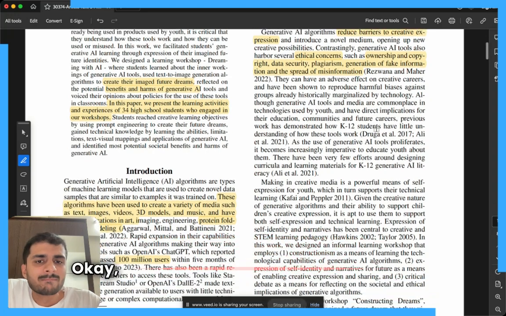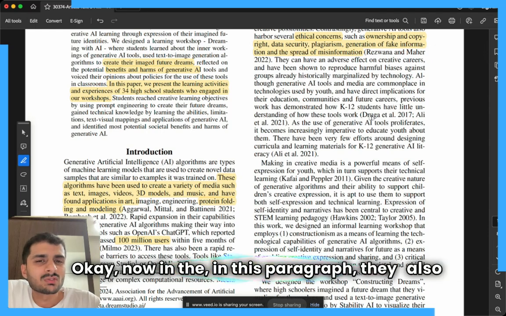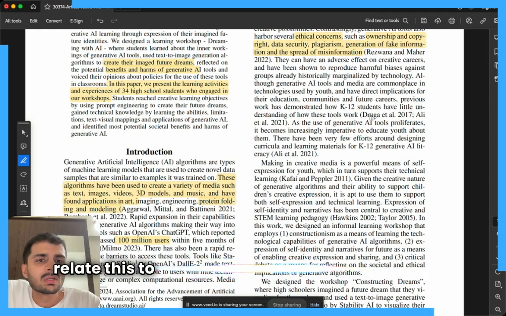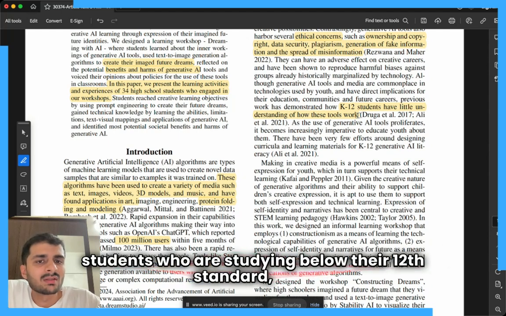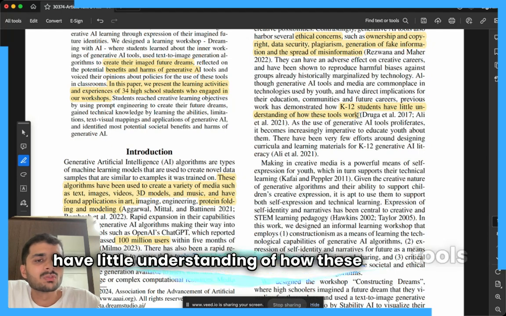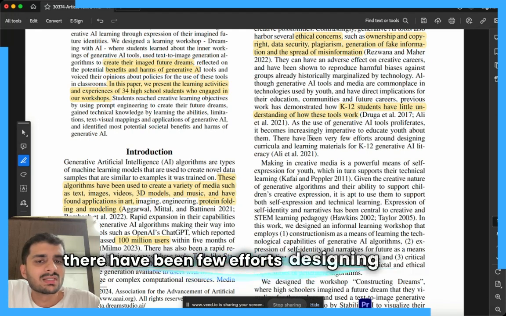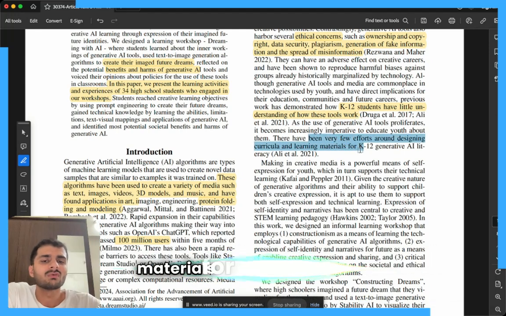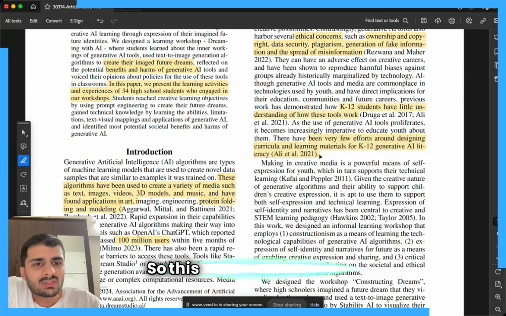Okay. Now, in this paragraph, they also relate this to how K-12 students, which means students who are studying below their 12th standard, have little understanding of how these tools work. And there have been few efforts designing curricula and learning materials for these students. So this is quite interesting.